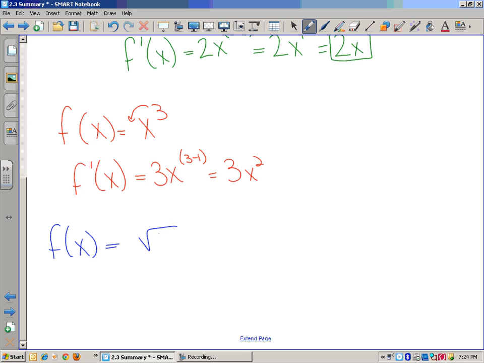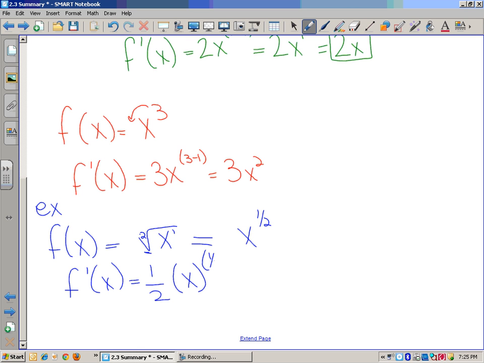We've done this one, the square root of x. Now, this one's a little harder, and the reason is we don't normally see this written like this, okay? But a square root sign is really a 1/2 power. Remember, there's a little 2 and a little 1, and that's how we write it. So now, if I want to take f prime of x, I'm going to bring the 1/2 down, take the x, subtract 1 from the original power, and I know we love fractions, to the negative 1/2.